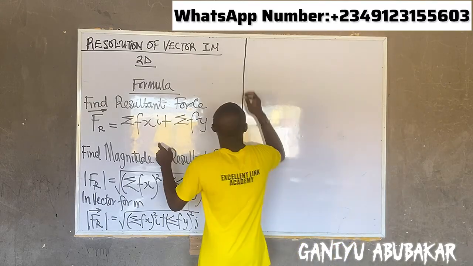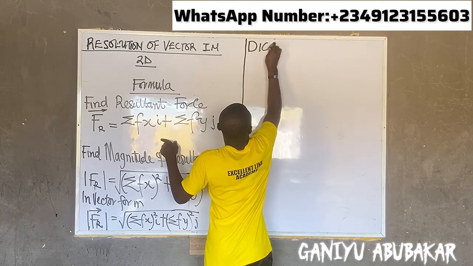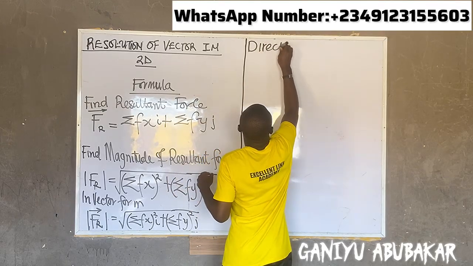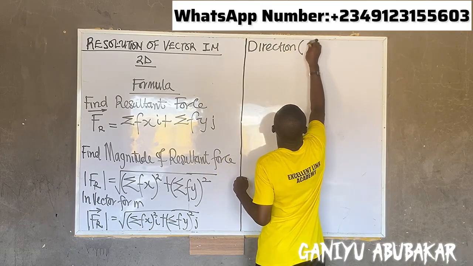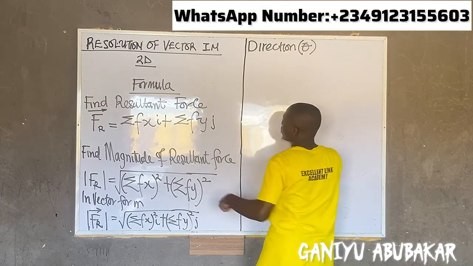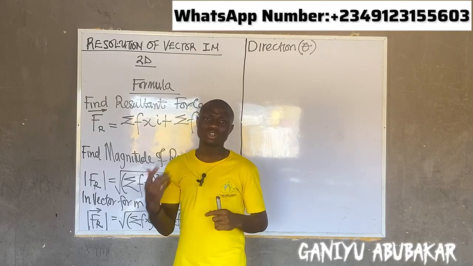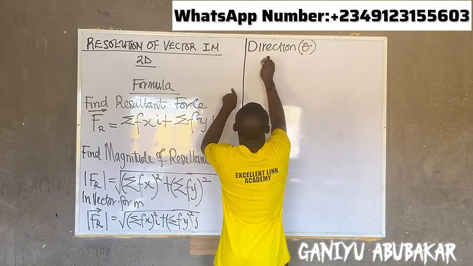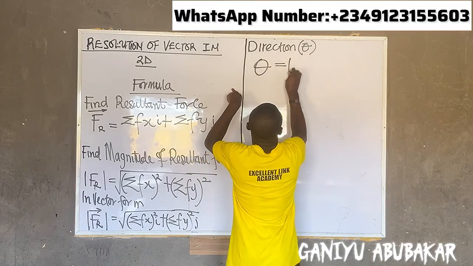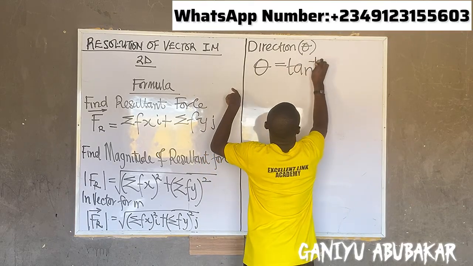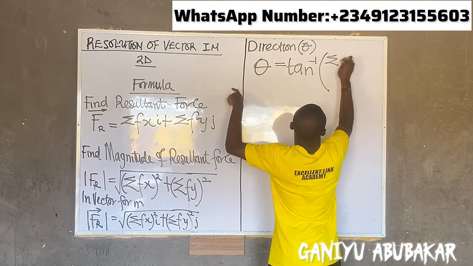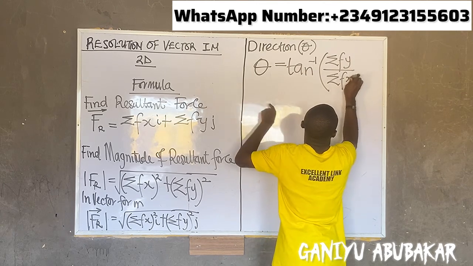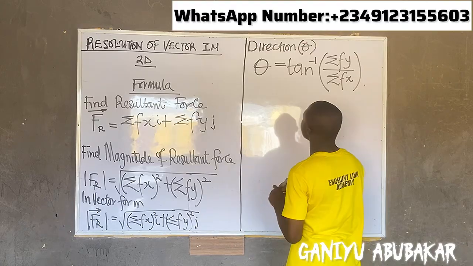Also note, if you are asked to find direction, direction under this concept means theta, the angle. The formula for theta is given as the tan inverse of summation F of y all over summation F of x. So this is how to find the angle.